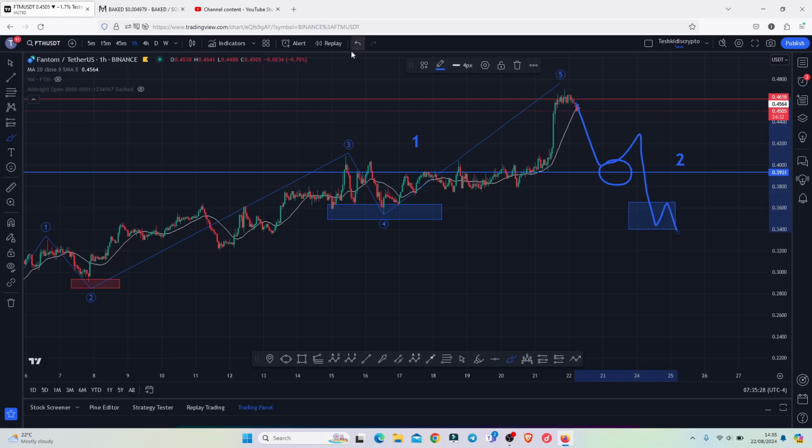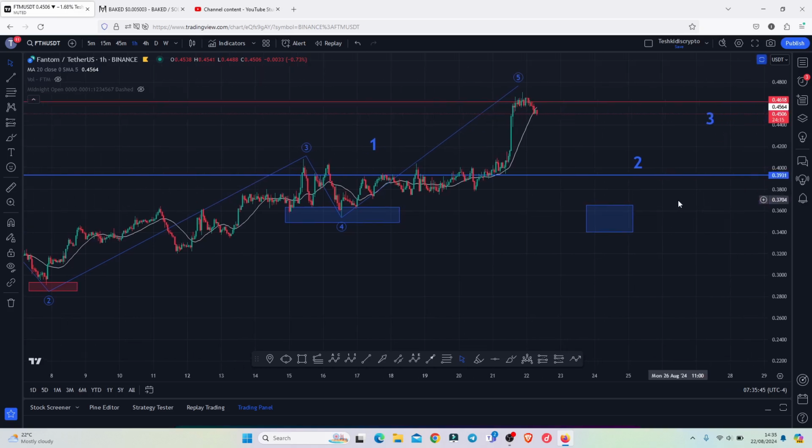Fully maximize the area, give us a low in place for this negative count 2 before we can see another massive bounce to the upside, in what I will be terming as the start of an impulsive negative count 3. So that is the price action that I'm expecting here on the FANTOM chart for the next coming hours.